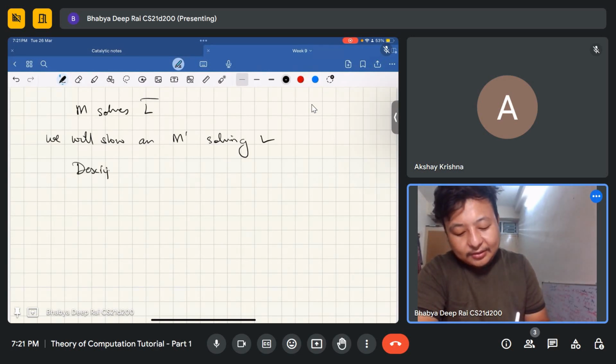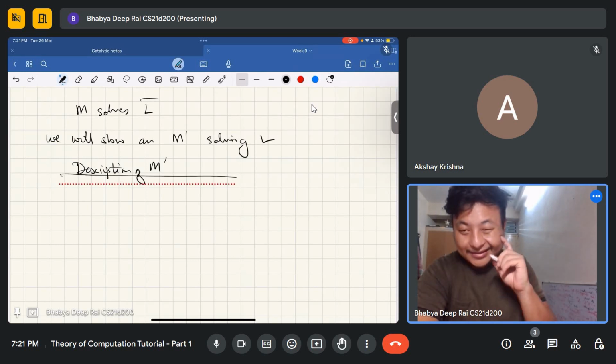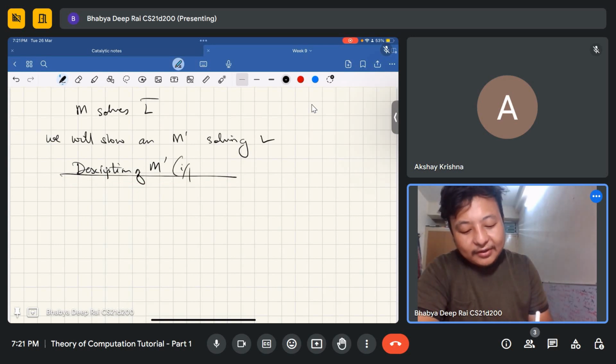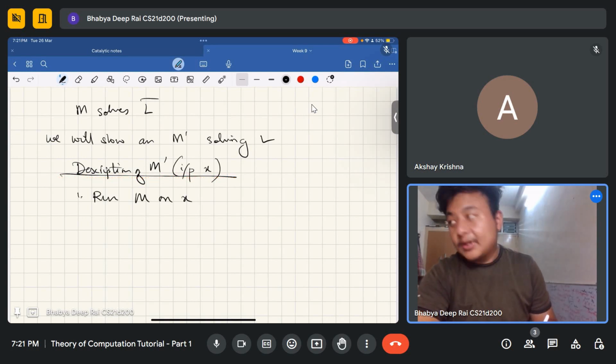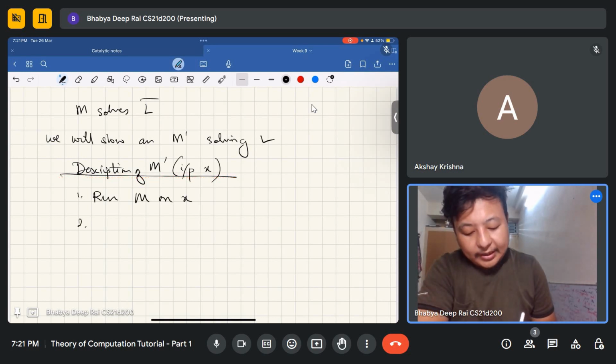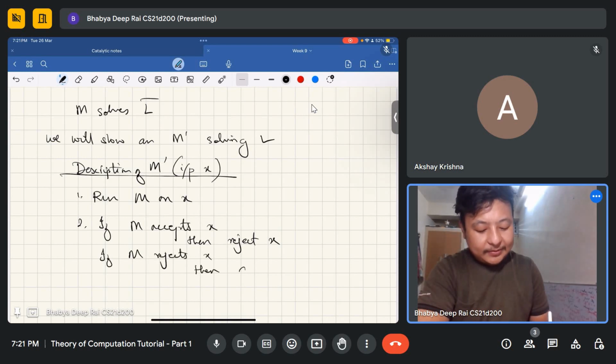Here is the description of M prime. Given input X, run M on X. If M accepts X, then reject. If M rejects X, then accept.